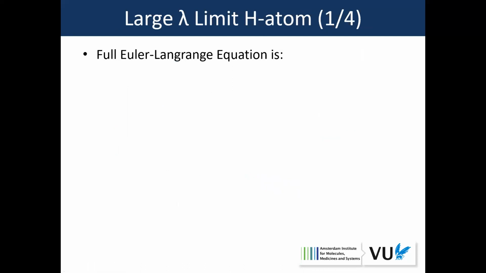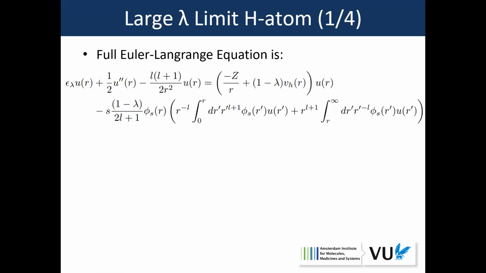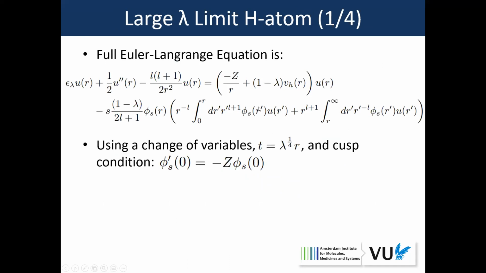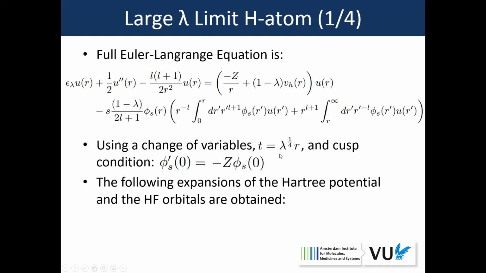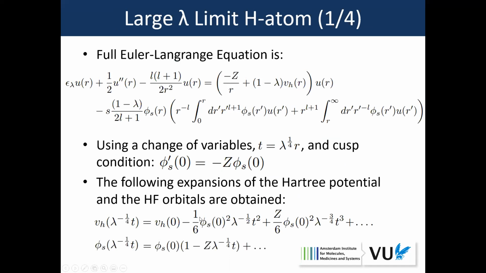So now let's look at the large lambda limit in the hydrogen atom, where we need to write down the full Euler-Lagrange equation, which is a bit long, but it just consists of all the normal terms: the kinetic energy, external potential, the J and the K. We will use this scaled variable and also introduce this cusp condition, which will become important later on when we write the Hartree potential and the Hartree orbitals, because this term, lambda to the power -3/4, and also this term, lambda to the power -1/4, as well as this external potential, will diverge at 0.